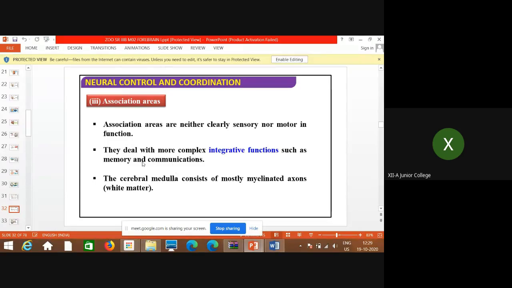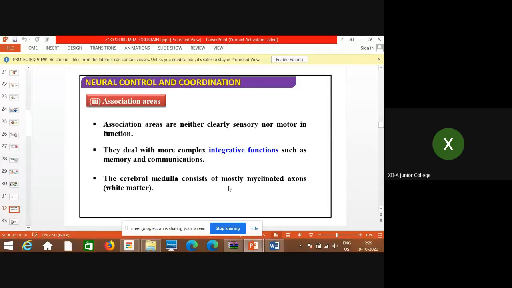So what is the role of the association area? Memory and communication. And where is it located? The cerebral medulla consists of mostly myelinated axons, that is white matter. I showed you in the previous diagram that the outer area has the neural cell bodies, the cyton, which represents gray matter, whereas the part inner to the cortex is the medulla.